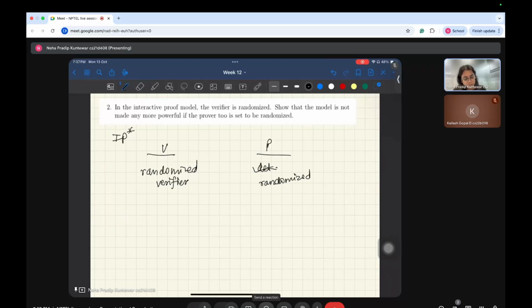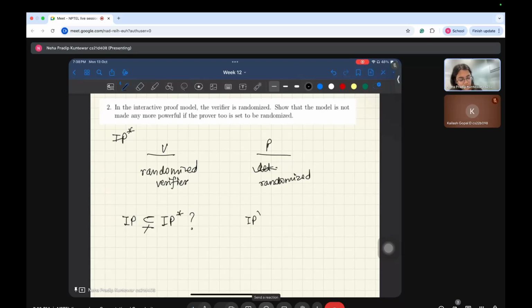So this is our new definition where the prover is also allowed to be randomized. The question is, is IP star strictly more powerful than the original model IP? Because we have allowed the prover to have more power in some sense. It turns out that this is no more powerful than the original protocol that we have.